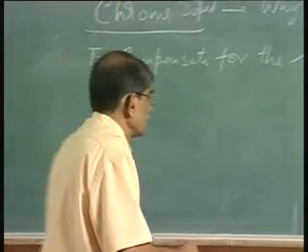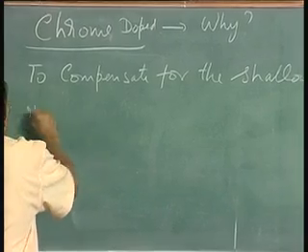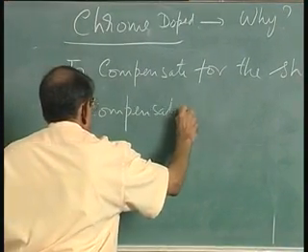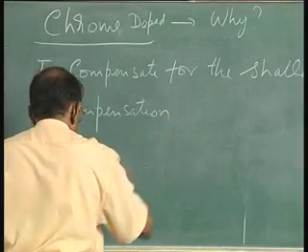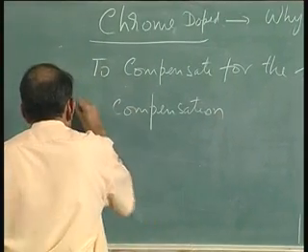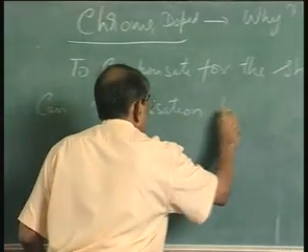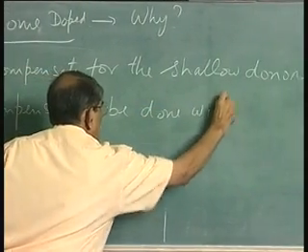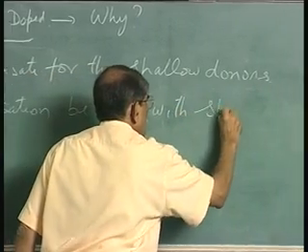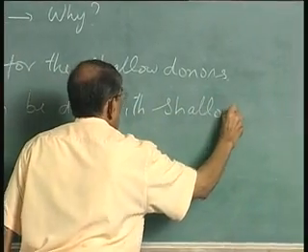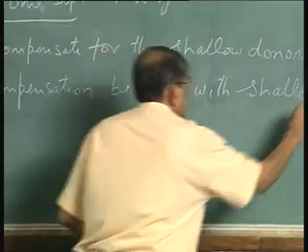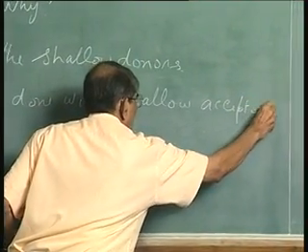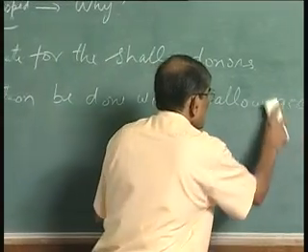The problem is this: let us put it as, can compensation be done with shallow acceptors? What is the meaning of shallow acceptor?